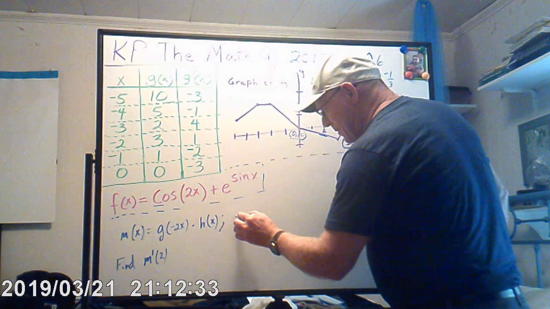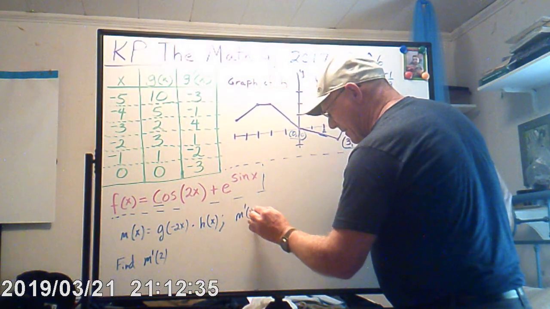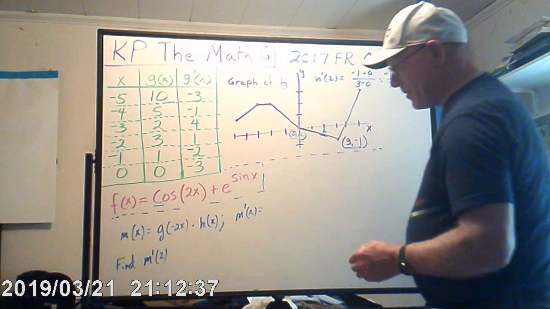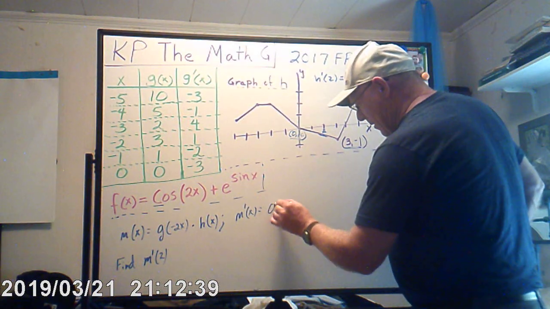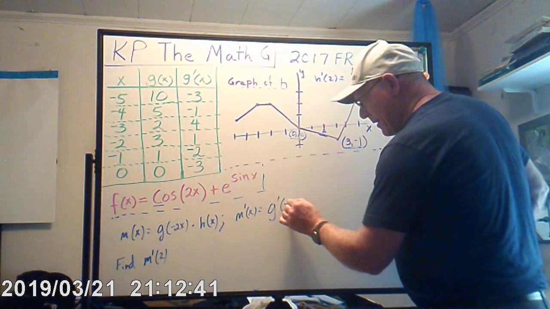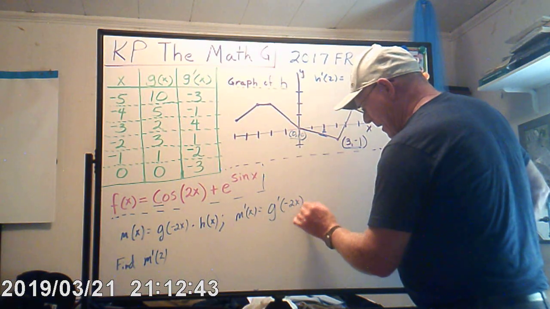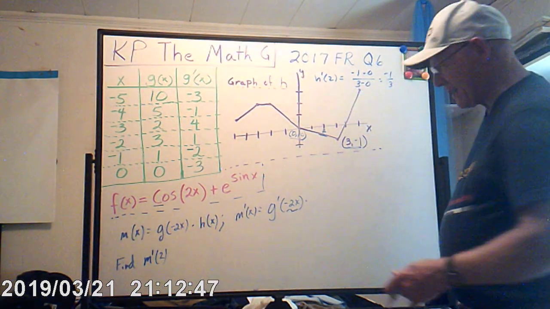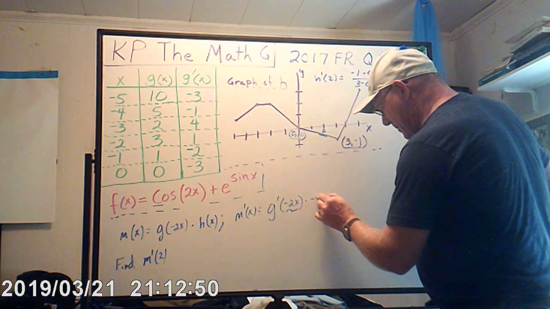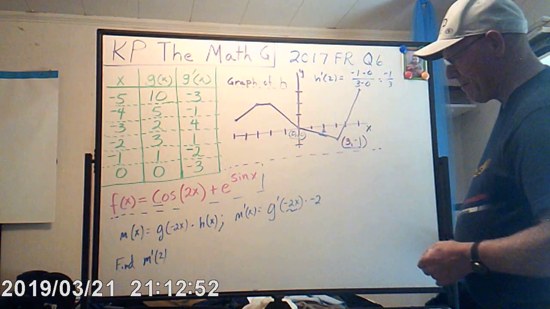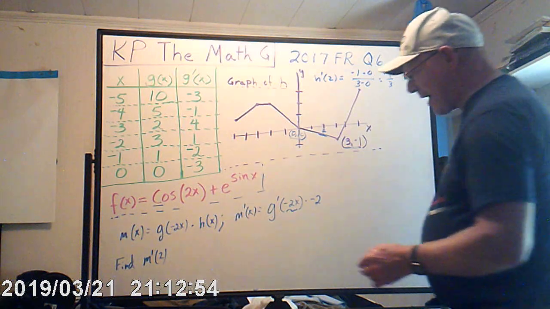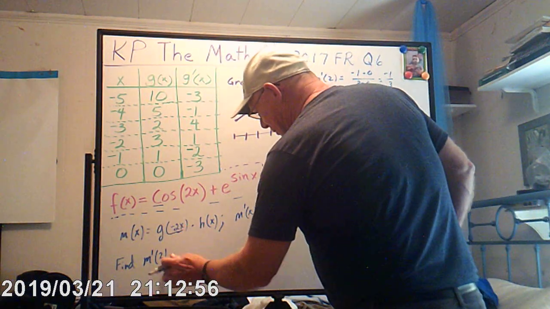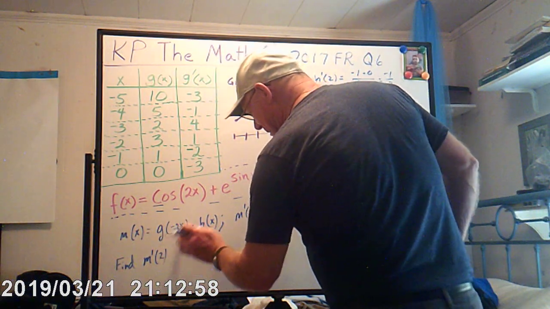So the chain rule: m prime at x is equal to g prime at negative 2x times the derivative of negative 2x, which is negative 2. Keep that in mind. You've got to do that inside. That's why it's not wise to go ahead and plug that in.